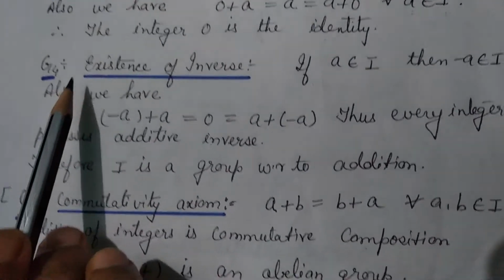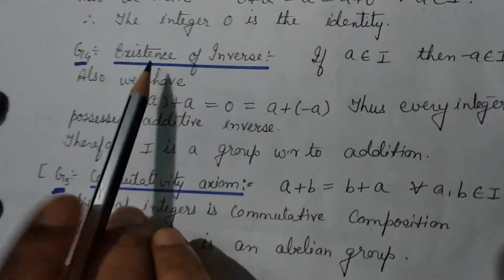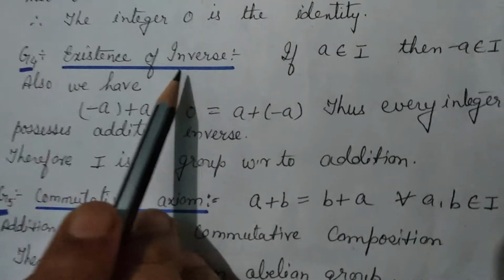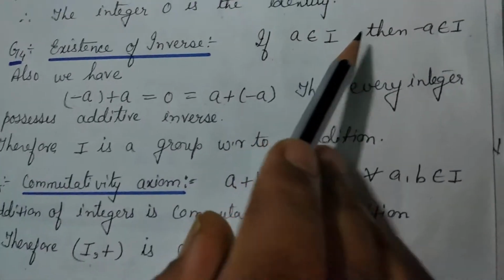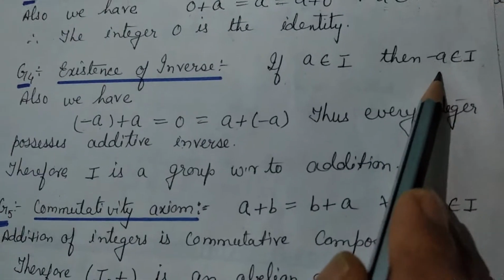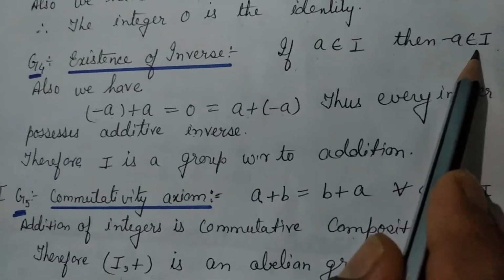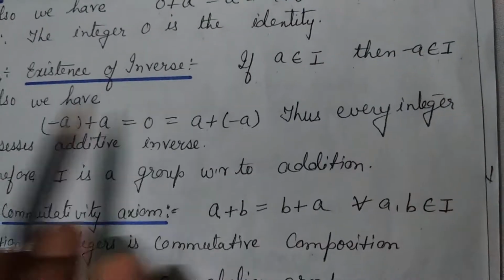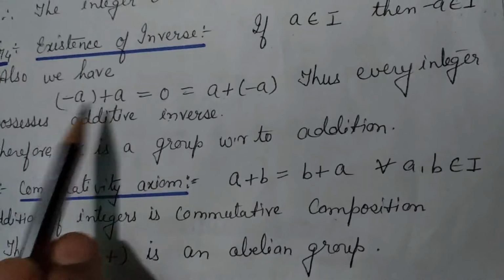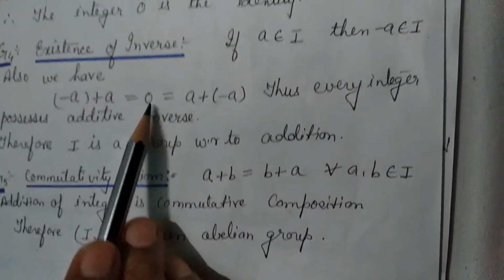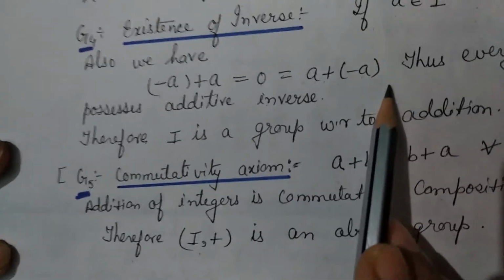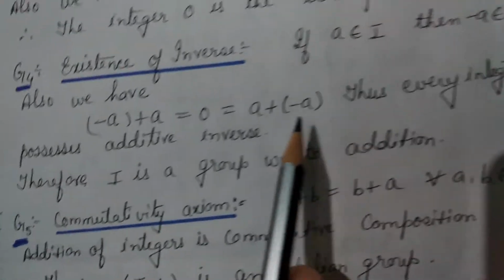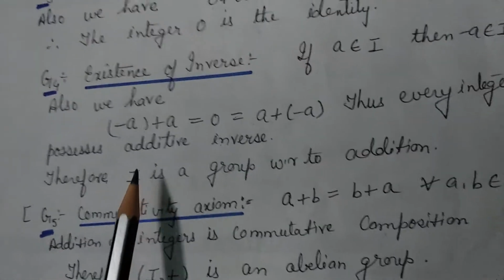The fourth axiom is existence of inverse. If a belongs to I, then minus a also belongs to the set of integers I. We have minus a plus a is equal to 0, and that is equal to a plus minus a. Thus, every integer possesses an additive inverse.